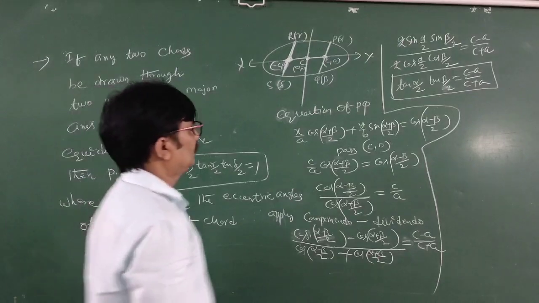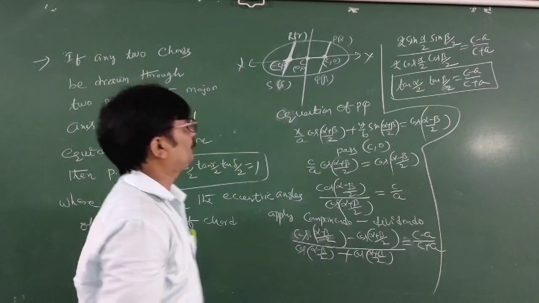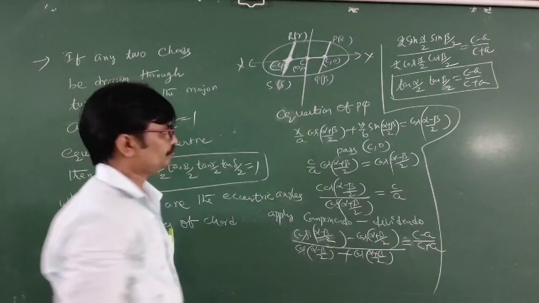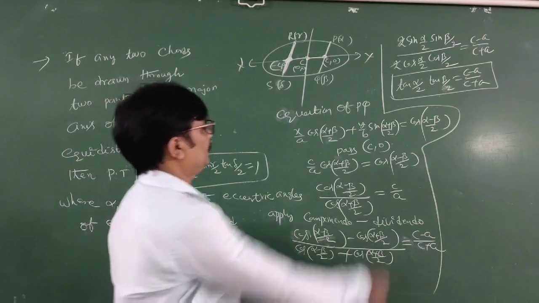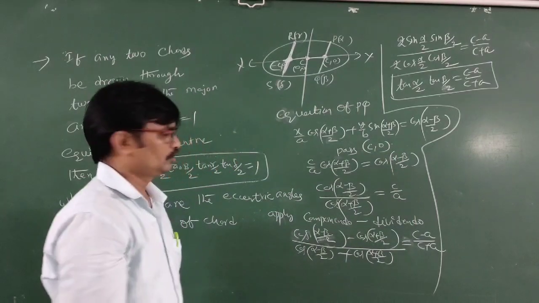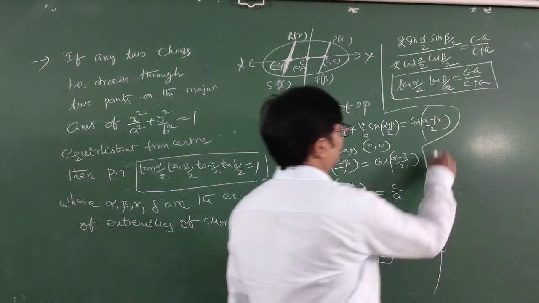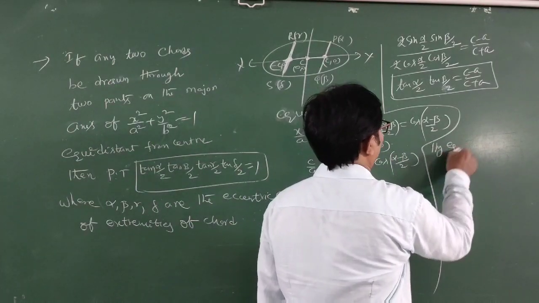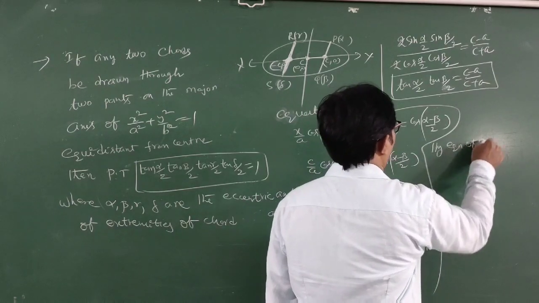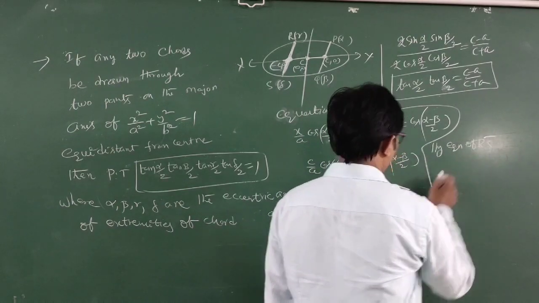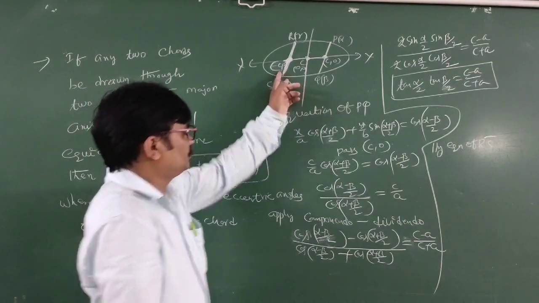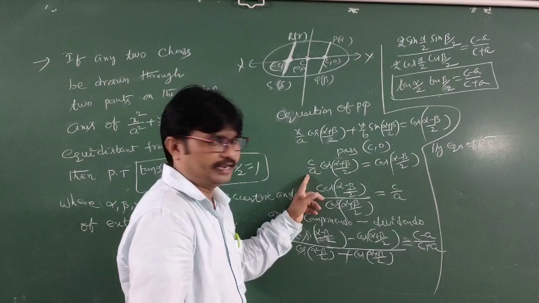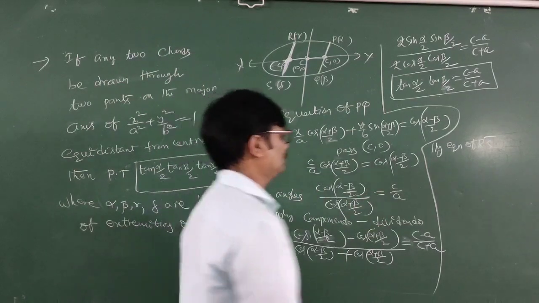Right now students, how can you write? The next one is the equation of RS, which is also passing through the point (minus C, 0). This is minus C by A. How to write it?